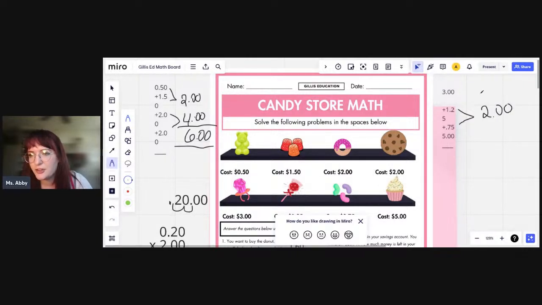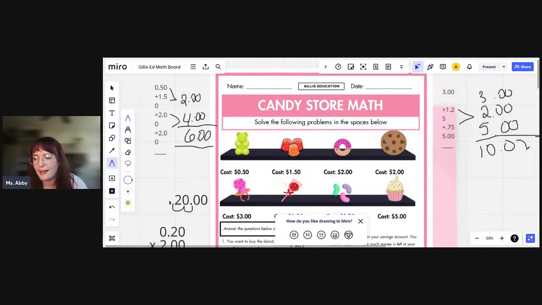And we can add it to the $3 that we have at the top, and then the $5 that we have at the bottom. So we have 3 plus 2 plus 5, which is $10.